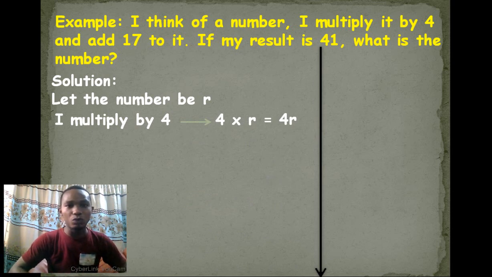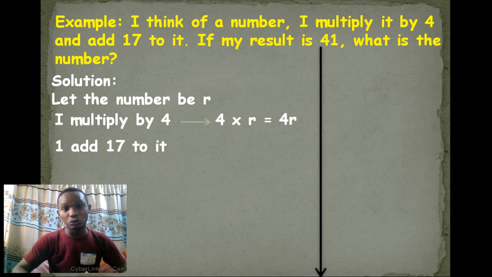Now the next one, I add 17 to it, it becomes 4R plus 17, right? Then the question now is, if my result is 41, what is the number?